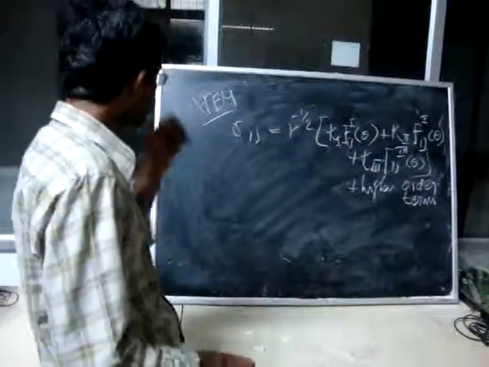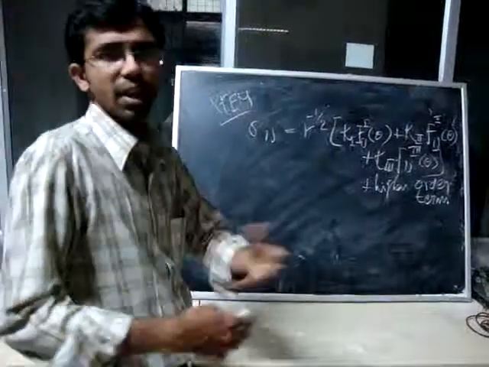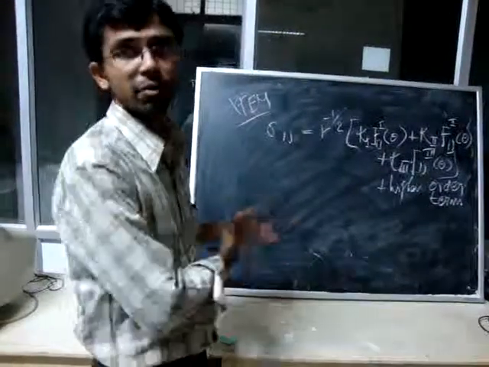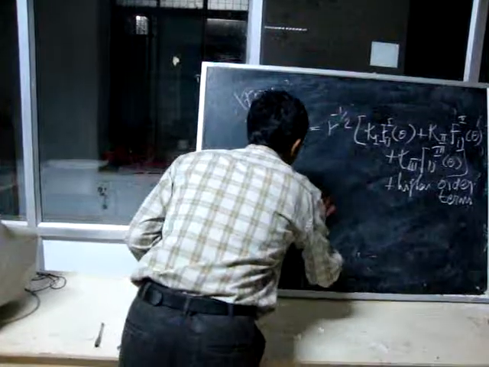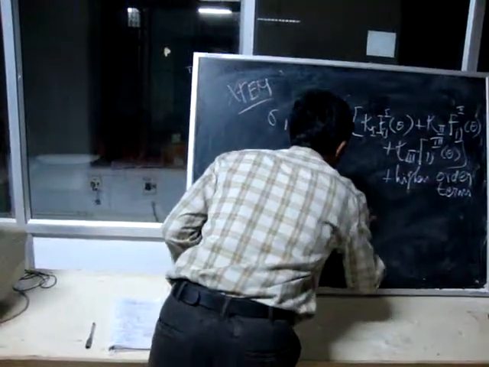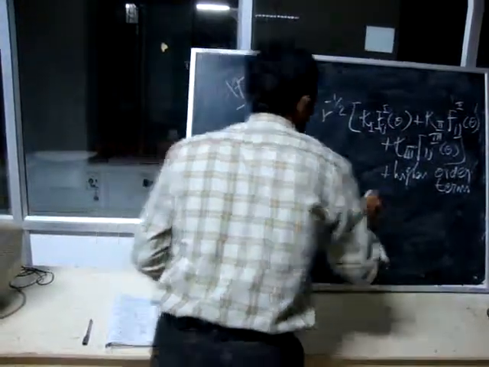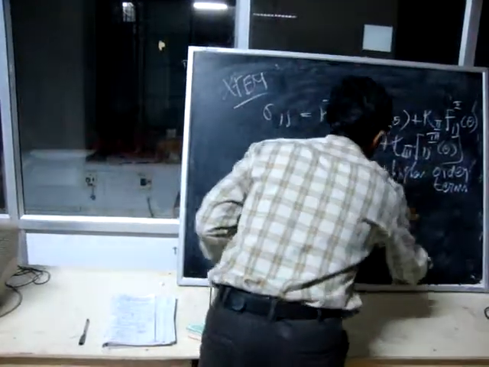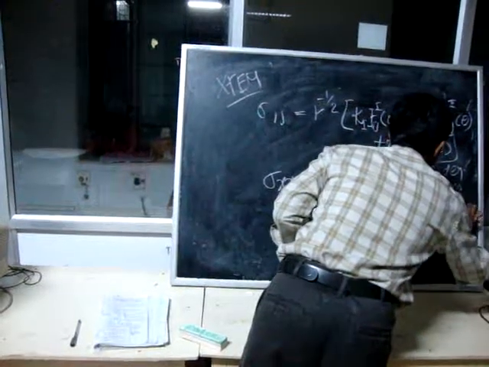Once I get an expression for the stress field closer to the crack tip, to be precise, in the case of a mode 1 open type fracture, sigma xx is equal to K1 by root of 2 pi r, cos theta by 2, into 1 minus sin theta by 2 sin 3 theta by 2.